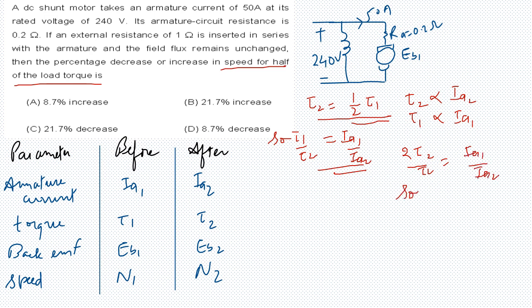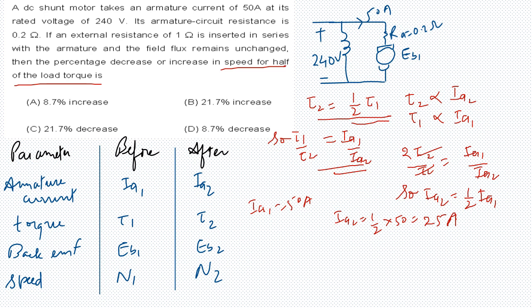If you solve this, you get Ia2 is equal to half Ia1. Before inserting resistance, Ia1 was 50 amps, so Ia2 is 1 by 2 into 50, equal to 25 amps.